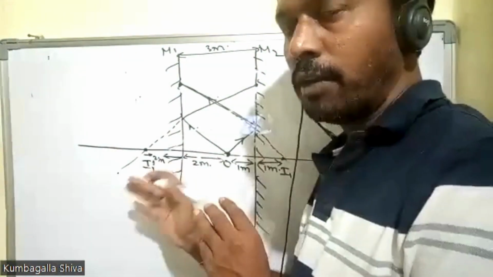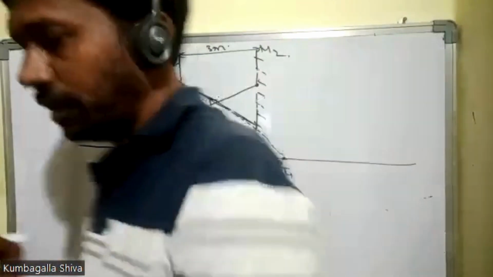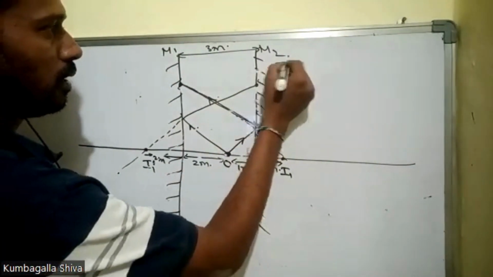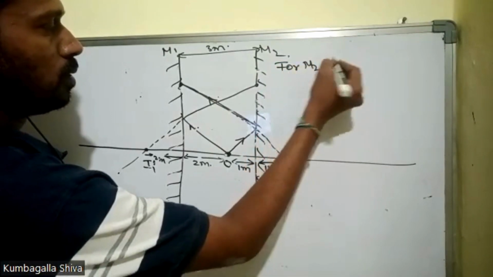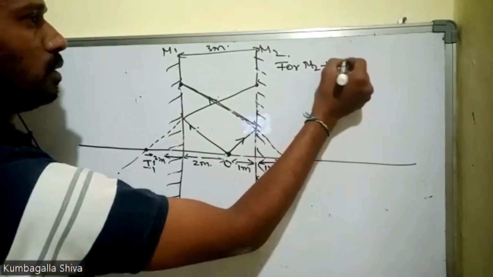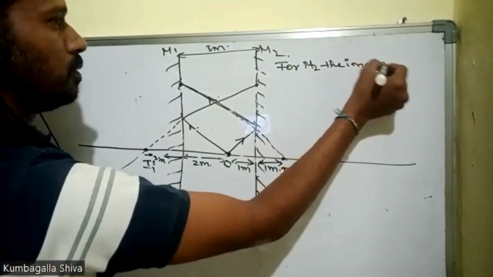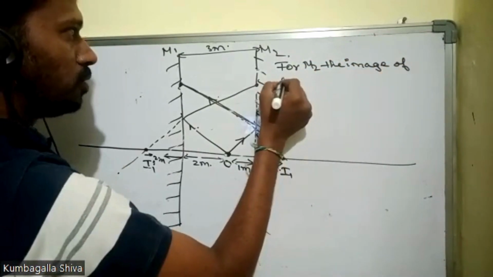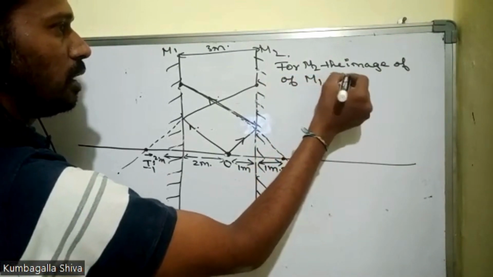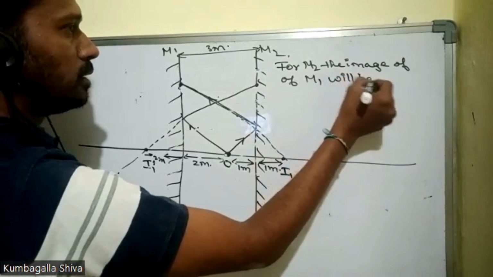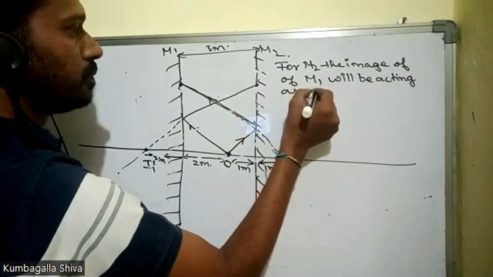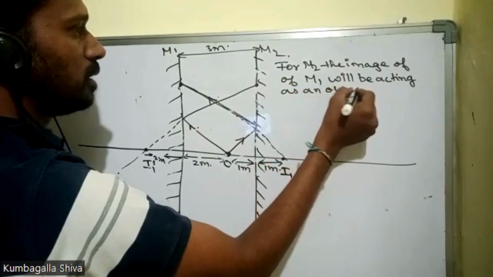Now what you are going to see, the basic concept which I'm going to tell you is, for M2, the image of M1 will be acting as an object. This is the basic information.